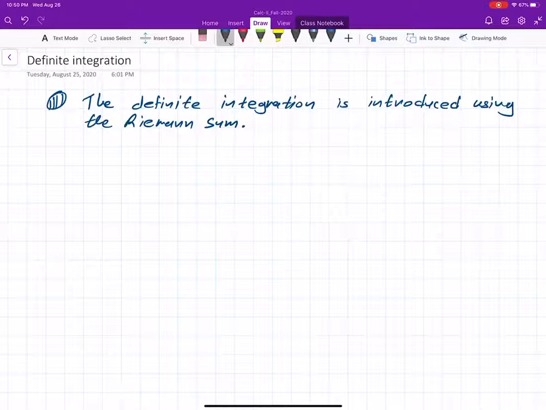So you use the Riemann sum to define definite integration. Keep that in mind for now. When we go forward in this class, I will explain how it is done.